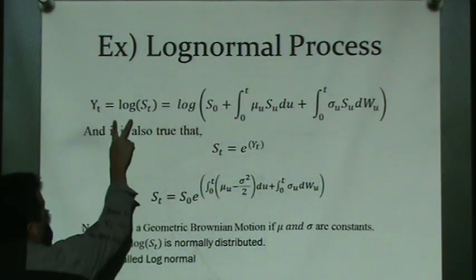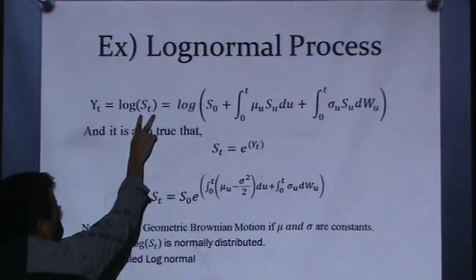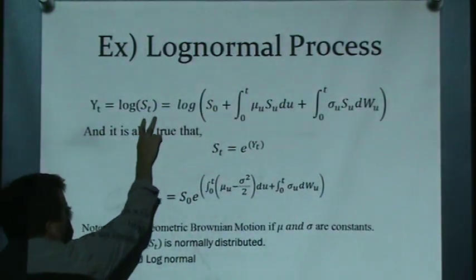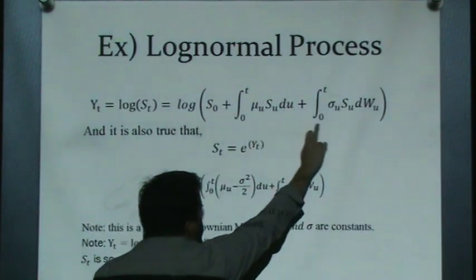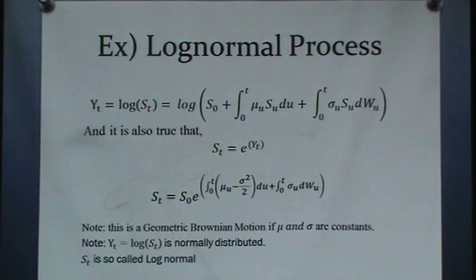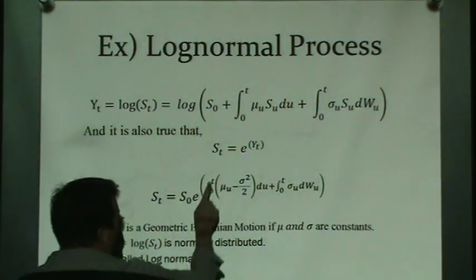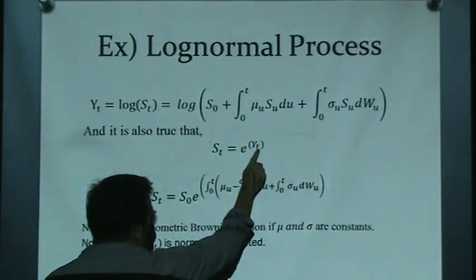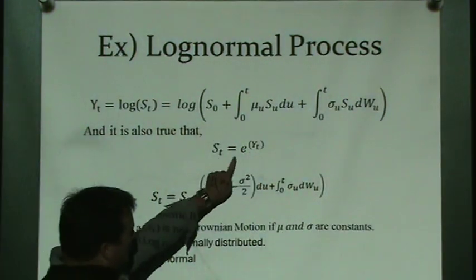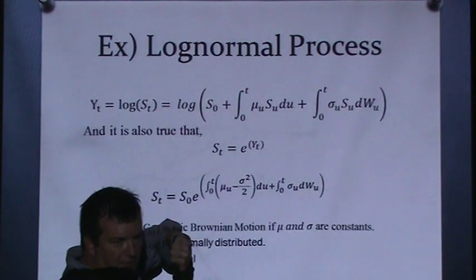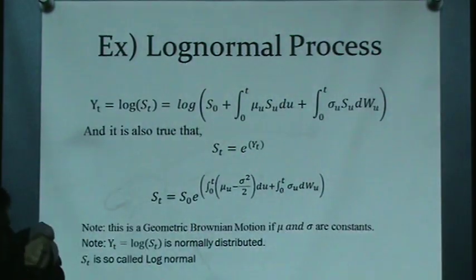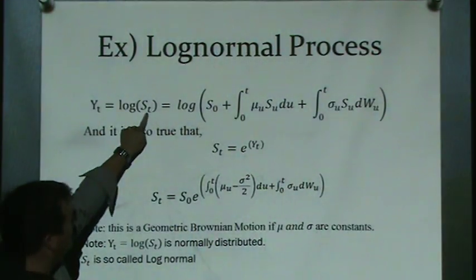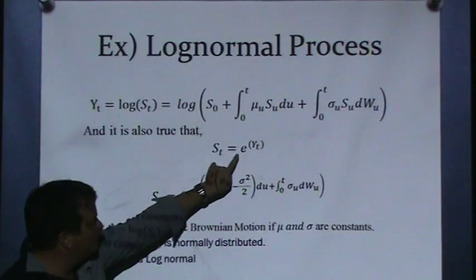So another way of writing the log of the stock price at any point in time t is to say it's the log of, and then this is that original formula just integrated. And it is also true that the stock price at any time is equal to e to y of t, right? Because log and e are inverse functions of each other. If this statement is true, then this statement is true.